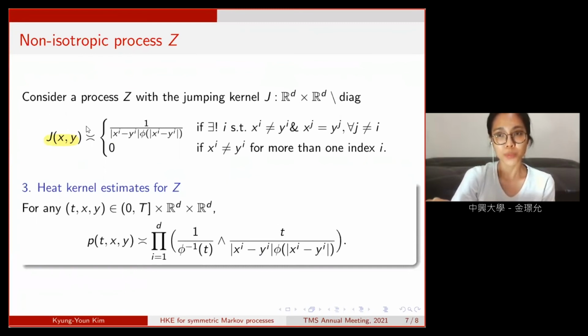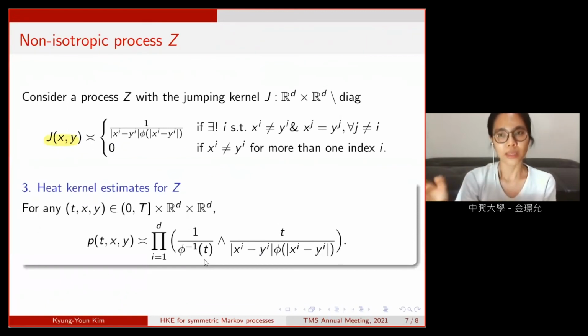And using this jumping kernel, we obtained upper and lower bounds for the transition density of the non-isotropic process Z, which is the product of the coordinate processes. So these are one-dimensional processes in each coordinate, and the heat kernel is the product of them. So this is the first result for non-isotropic pure jump processes.